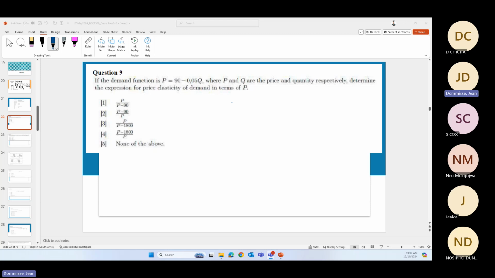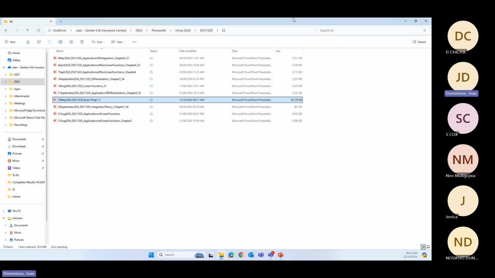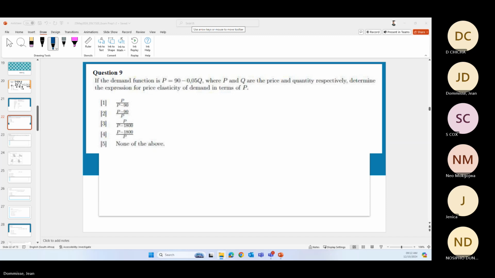Okay, so price elasticity. Let me quickly see where that function was, because I'm just going to use the function. Let me quickly copy that in. I know this exam is still open book, so you guys can use that.